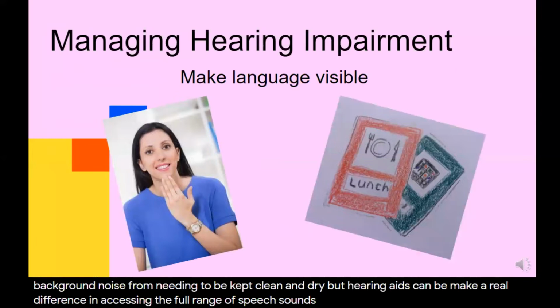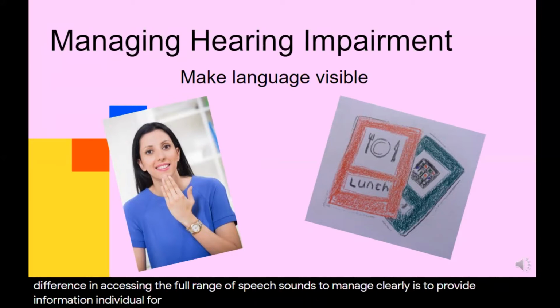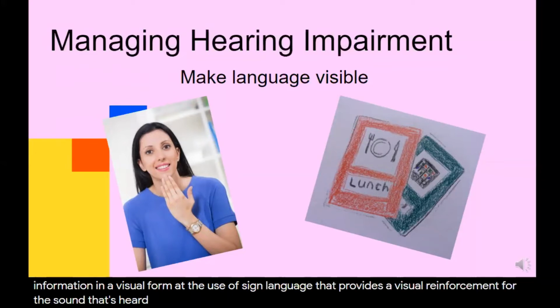Obviously, the other way to manage not hearing clearly is to provide information in a visual format. The use of sign language provides a visual reinforcement for the sound that's heard, which can be particularly useful if the sounds that you are hearing are not clear.